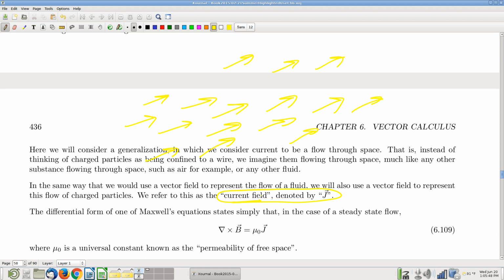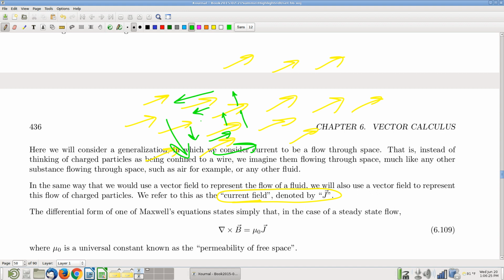Current because this is a flow of a fluid, but it's a flow of a fluid of charged particles instead of just some regular fluid. Okay, so current field, J. Well, it creates a magnetic field, and not surprisingly, it's a magnetic field that looks a lot like what we just talked about, kind of like that. There's still a sort of right-hand rule. Still a little bit hard to describe.